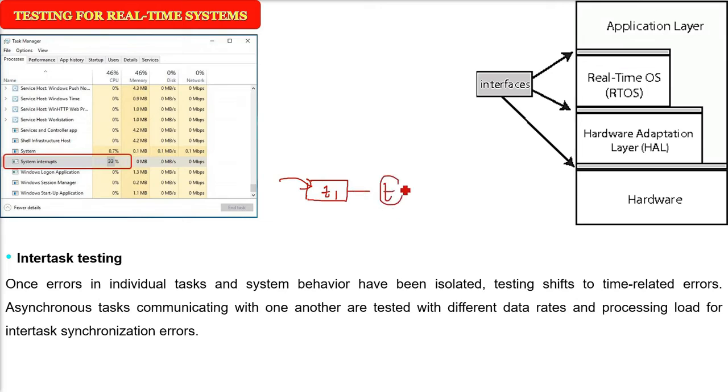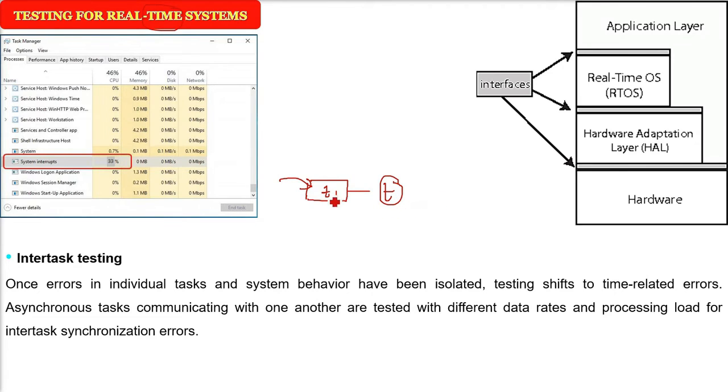So there can be tasks which can communicate at any time. These are asynchronous tasks. When they are communicating or talking to one another, you have to test them with different parameters. For example, the data rates, the processing load. For this inter-task testing, whether there are some synchronization errors in these tasks.